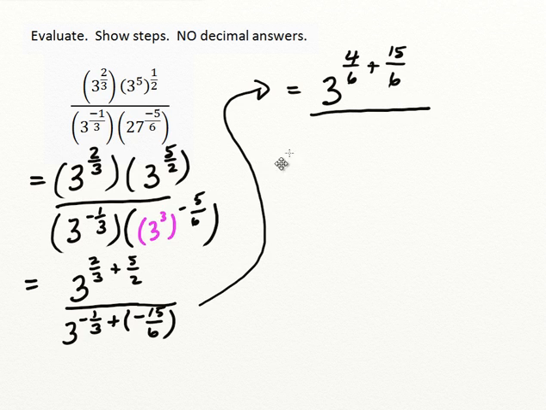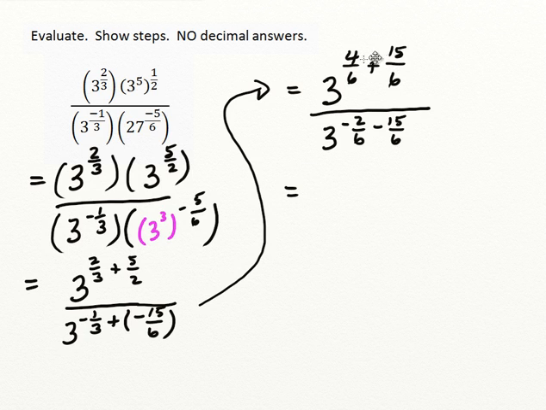In the bottom, we'd have -1/3, well, that would be -2/6. And then when I add a negative, I'm subtracting. So subtract 15/6. Okay? All right. Continuing on.